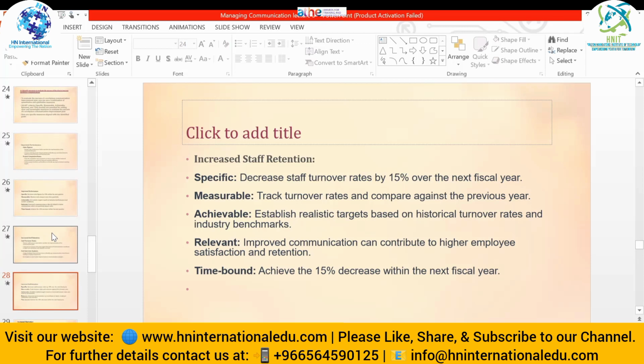Improved communication can contribute to higher employee satisfaction and retention. Achieve the 15% decrease within the next fiscal year. One more thing: there is a very inverse relationship between specific and time bound. If we are going to decrease 15%, in the next year we are going to achieve that 15% as well. That is what the time bound, the time limit, is.